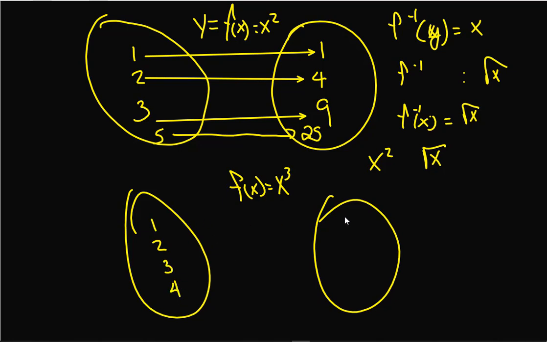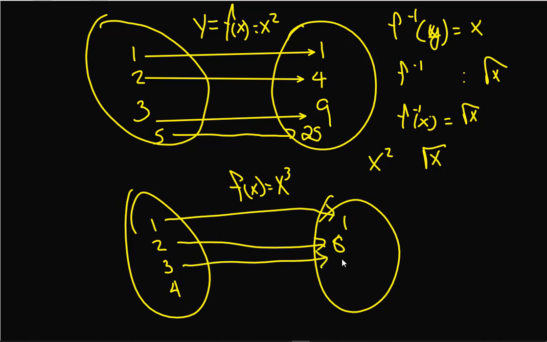So 1 goes to 1, even when you cube it, but 2 goes to 8, 3 goes to 27, and 4 goes to 64. Okay, so if that's f, what is the inverse? The inverse takes 8 to 2, 27 to 3, 64 to 4, and 1 to 1.